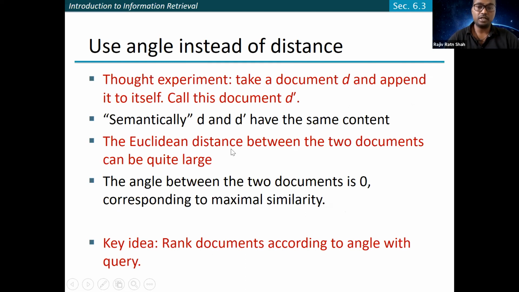In that case, the Euclidean distance between the two documents could be quite large, depending on how large the document is, but the angle between the two documents is zero, because they have exactly the same set of words. So the key idea is to rank documents according to the angle with the query. In this way, you can get the most suitable documents for your given query.